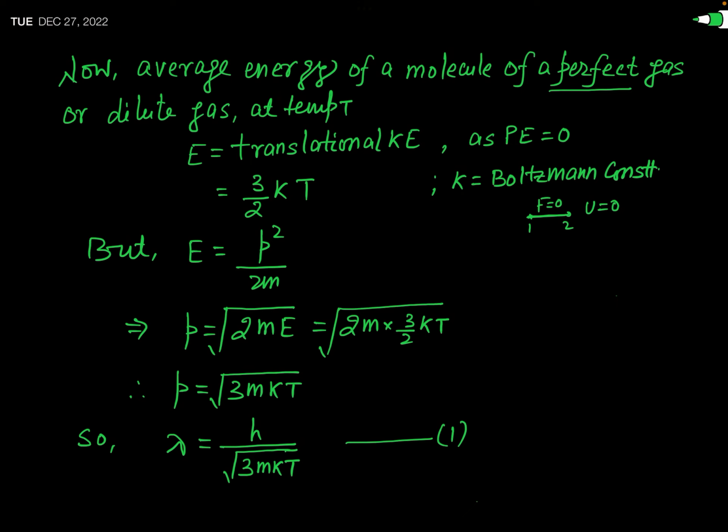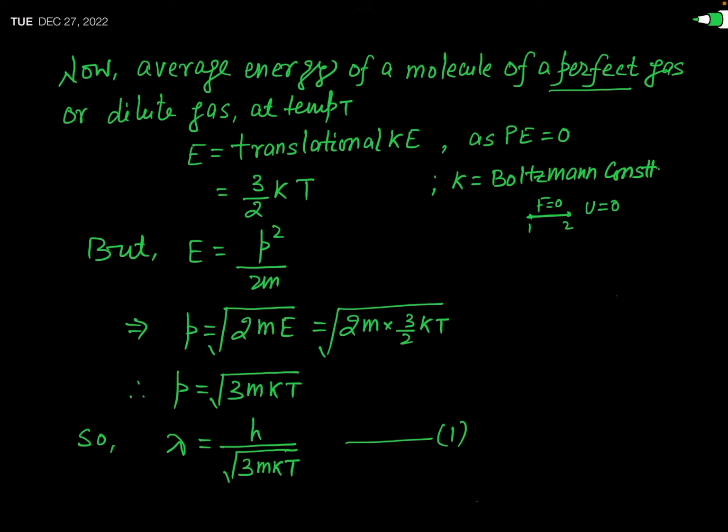So the molecules of a perfect gas have only translational kinetic energy. So whenever you talk about the total energy of a molecule of a perfect gas, you are talking about the translational kinetic energy of that molecule.